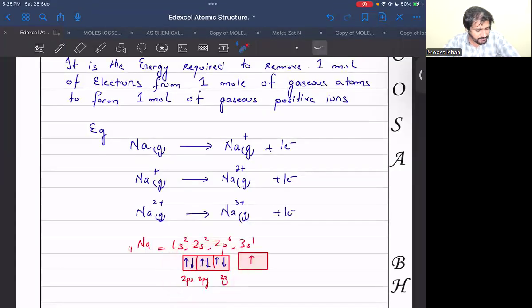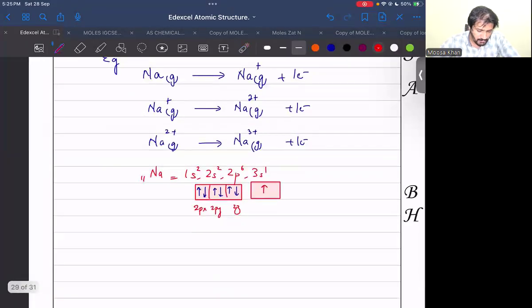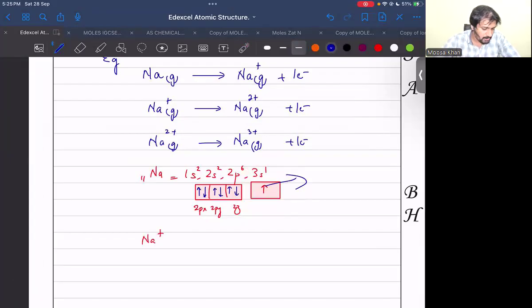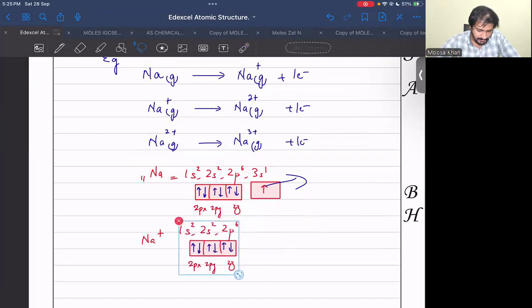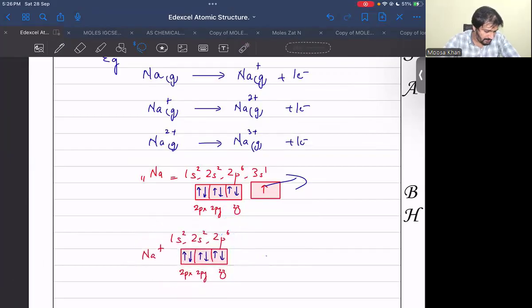So which electron is filled last? Let's say you have already removed one electron from the sodium atom. The first electron to be removed should be from the 3s. You are done with this 3s, you have removed it. Now you are left with these electrons.